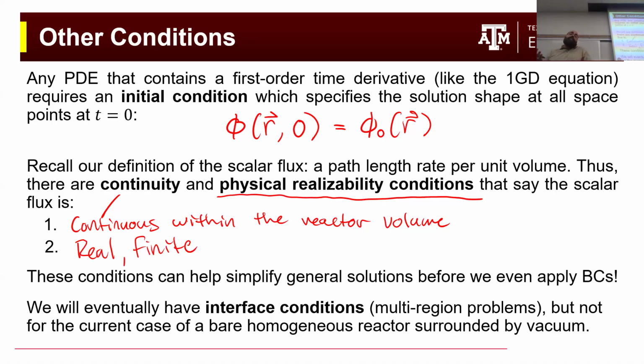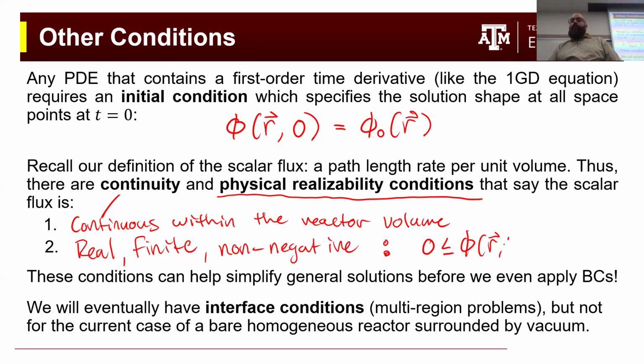You can't have an infinite scalar flux, and it has to be non-negative because you can't cover negative distance. Mathematically, we could write that our flux has to be bounded: at all positions r and at all times t it has to be greater than or equal to zero, but it cannot go to infinity.